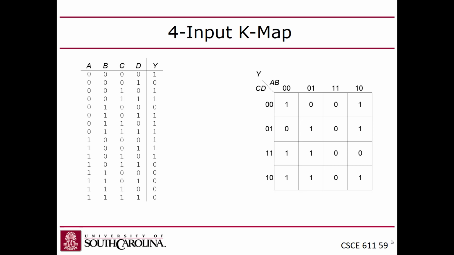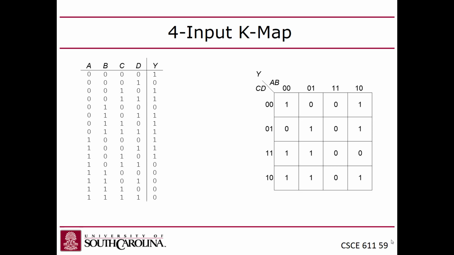So what do you do if you have more than 4 variables? You can't use Karnaugh maps. There are some algorithms. There's an algorithm called Quine-McCluskey, which is an iterative algorithm that allows you to minimize Boolean logic without using Karnaugh maps. It just uses repeated application of the Boolean theorems, right?